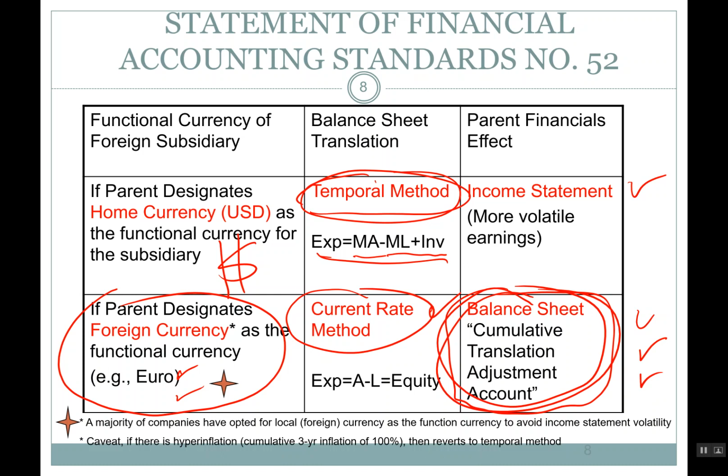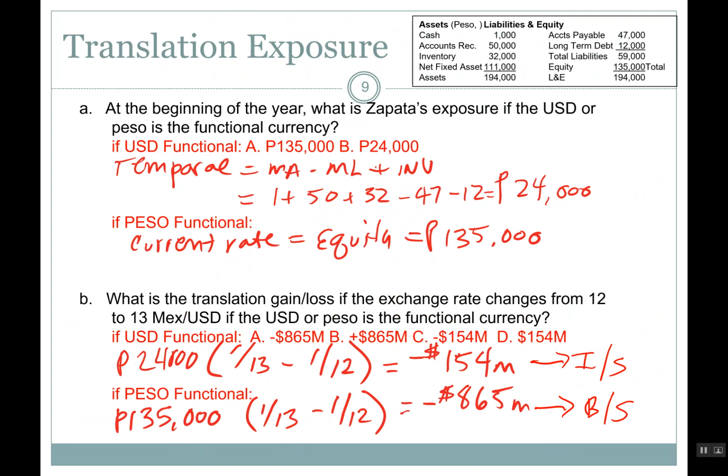Right. So remember we said the exchange rate was 12 to 1 at the beginning of the year, 12 pesos per dollar. Depending on if the parent decides to make the dollar the functional or the peso the functional, that's going to determine whether they're exposed to a full revaluation of all assets and liabilities, or simply the monetary, non-monetary, and inventory.